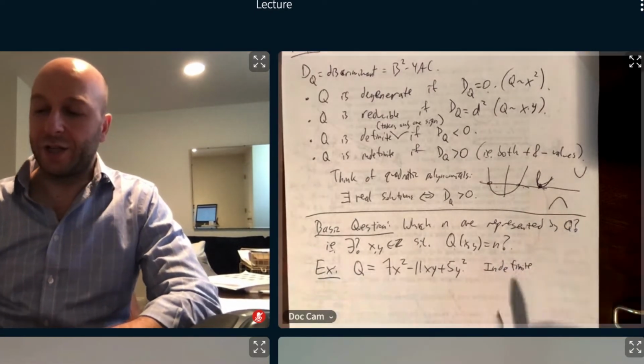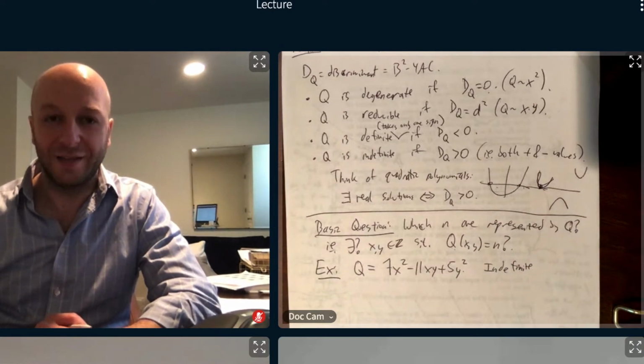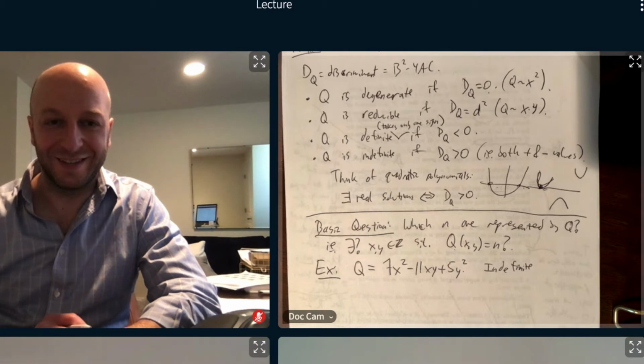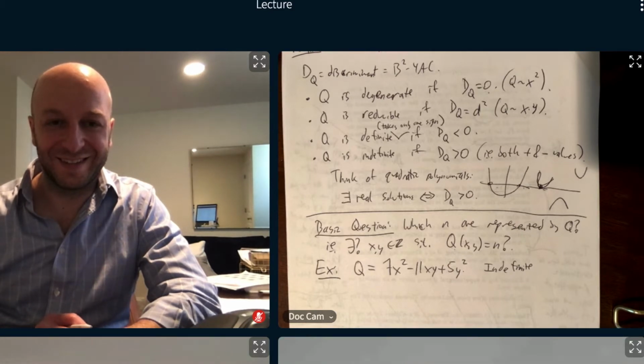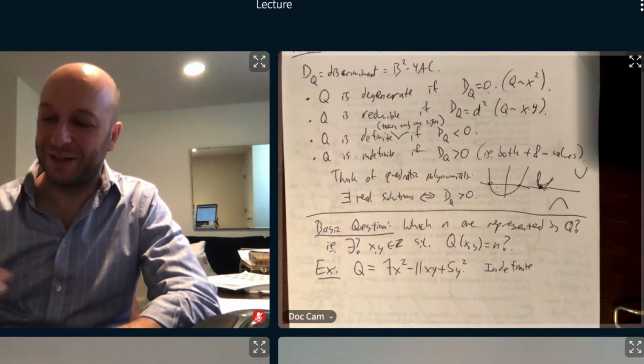By the way, can you be degenerate or reducible if you are definite? No. Can't be degenerate if you're definite, since the discriminant must be 0.